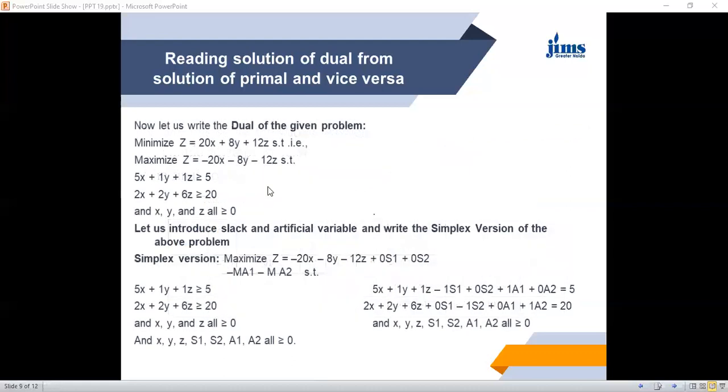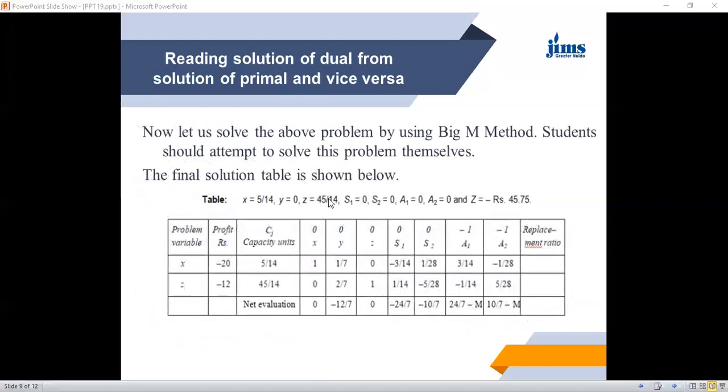So 20 into 5 by 14 plus 12 into 45 by 14, then your value again comes to minus 45.75. So maximization was 45.75 and minimization is minus 45.75. So this has to be reversed in sign, no problem.